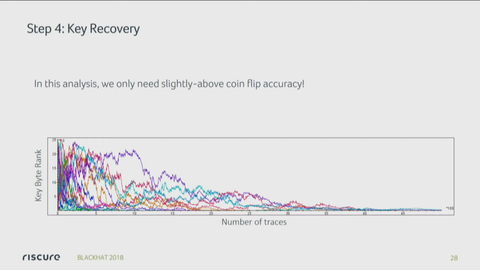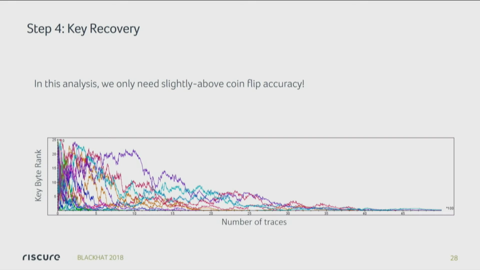But what you're trying to achieve there is to classify each individual picture very well. That's not what we're trying to do here. We're trying to accumulate statistics about one single key byte. All we need to do is be just slightly above coin flip accuracy in our classification, and over time our statistics will accumulate and we'll point to the right key anyway.